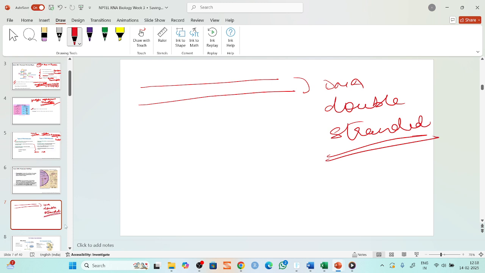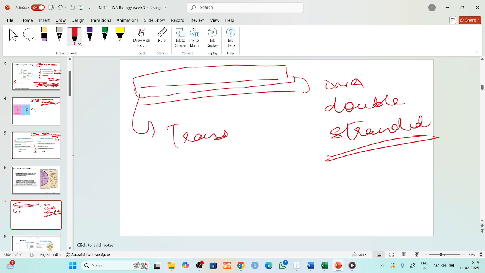In this double-stranded DNA, only one of the strands takes part in transcription. Unlike in replication, where both the strands individually take part in the replication process, in transcription only one strand of the DNA takes part.